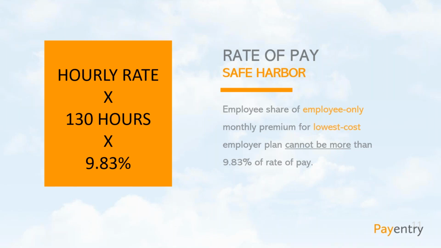The cost of that can't be more than 9.83% of the rate of pay. So you would take the lowest hourly rate that you offer to an employee, multiplied times 130 hours, times 9.83%, and that would give you the premium. But it cannot be more than that in order for you to have the safe harbor under rate of pay.